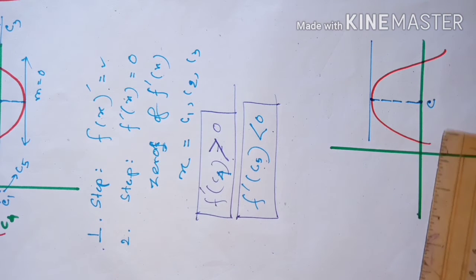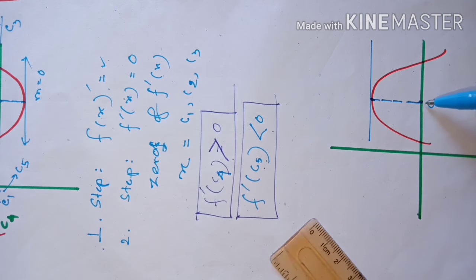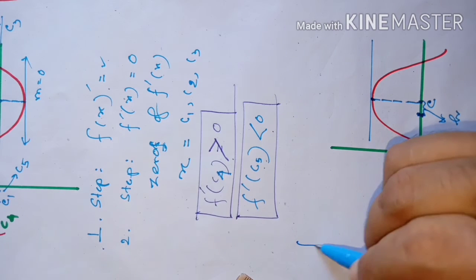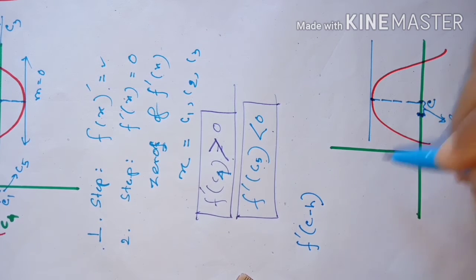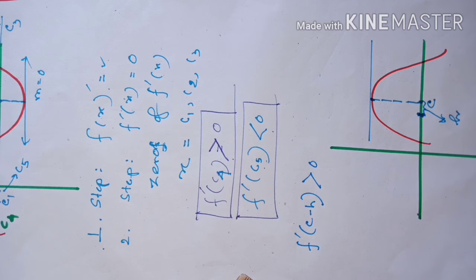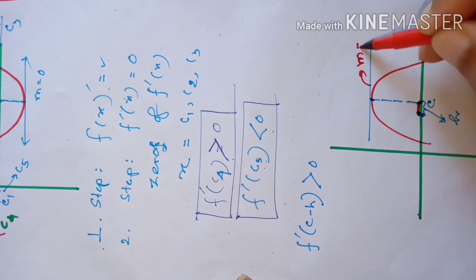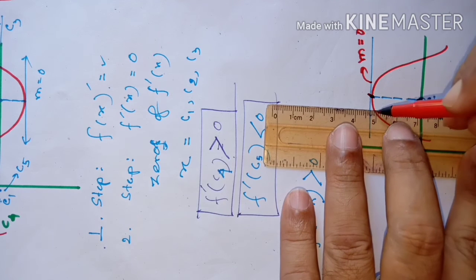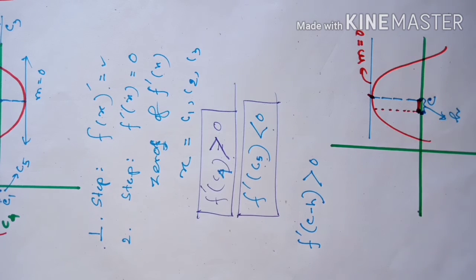Then just towards the left hand side of C, suppose this part is H. That means this point will be C minus H. At that point f dash C minus H, if it is greater than 0, H is this portion, very little, towards the left hand side of C. Since at point C the slope is 0, here at this point C minus H is what I am talking about.